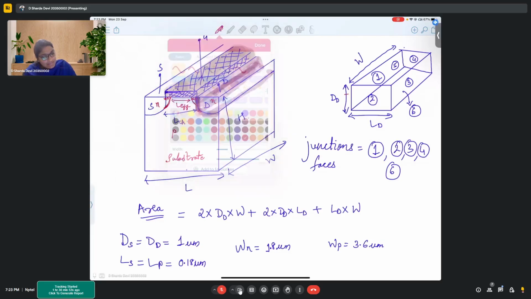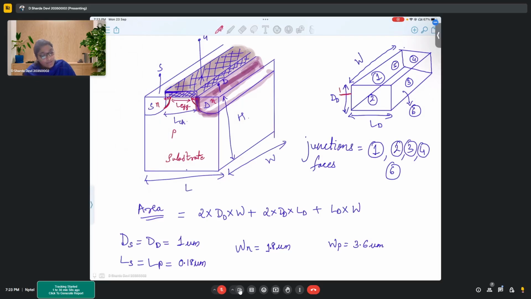I say this red one is my extra overlap region. What I want is the value of overlap capacitance. So this is again a cuboid, and it will also have 6 faces.